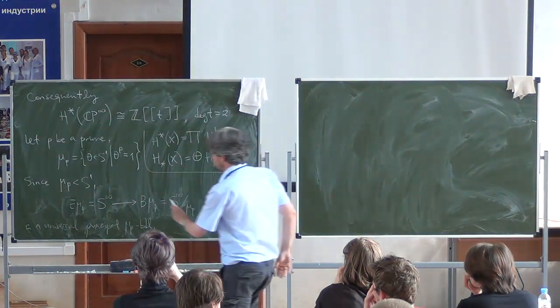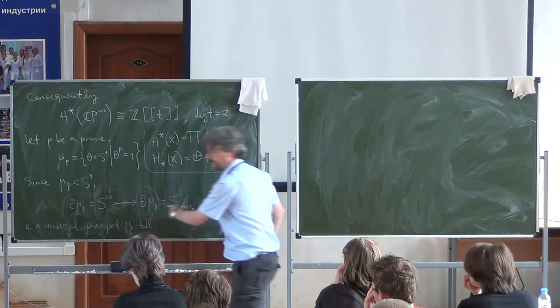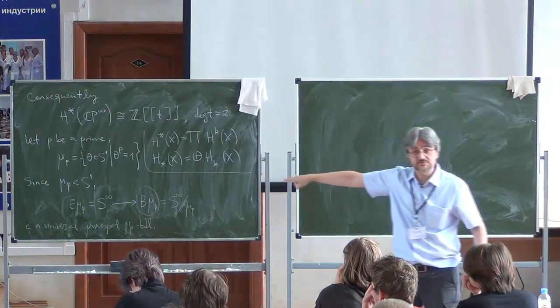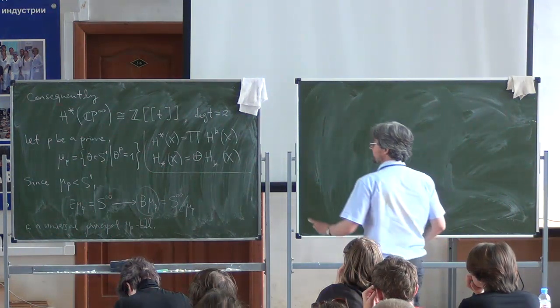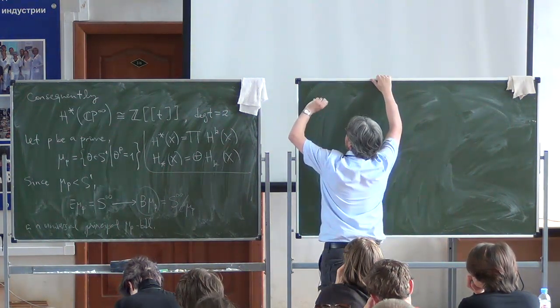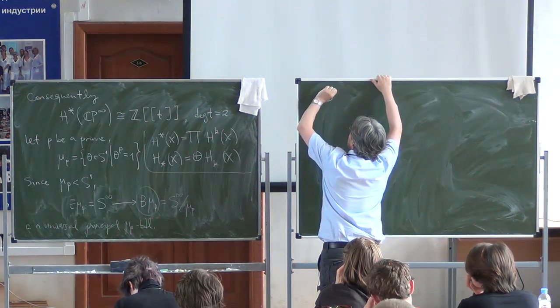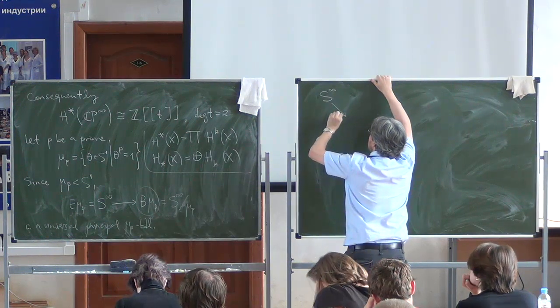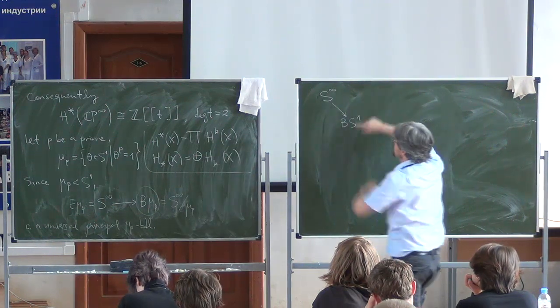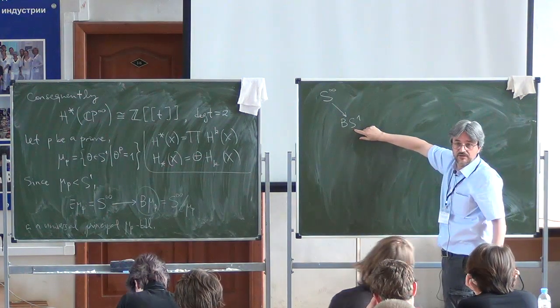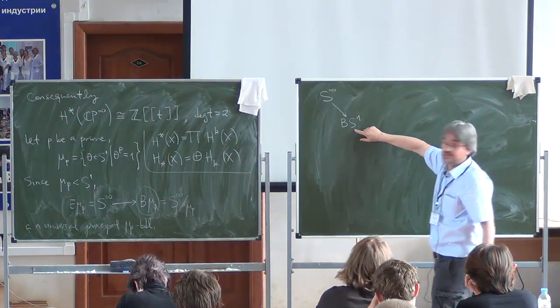Now, my aim is to compute the cohomology of this space, right? So we have the quotient of S infinity by S1, and we have called it BS1, a classifying space.